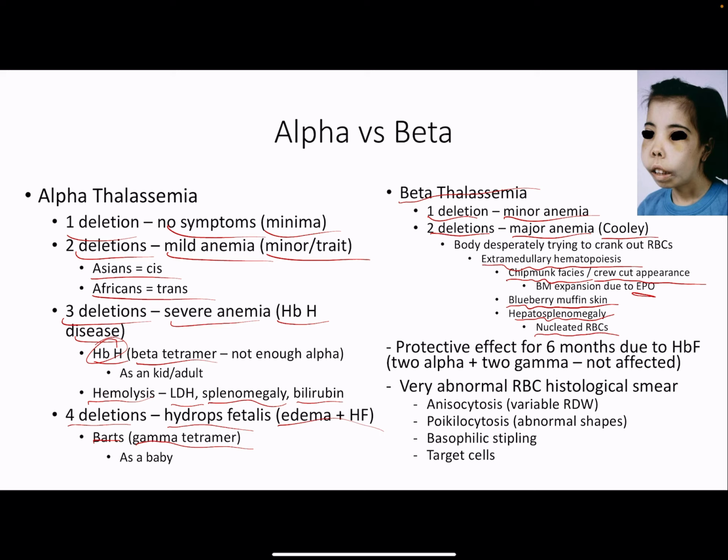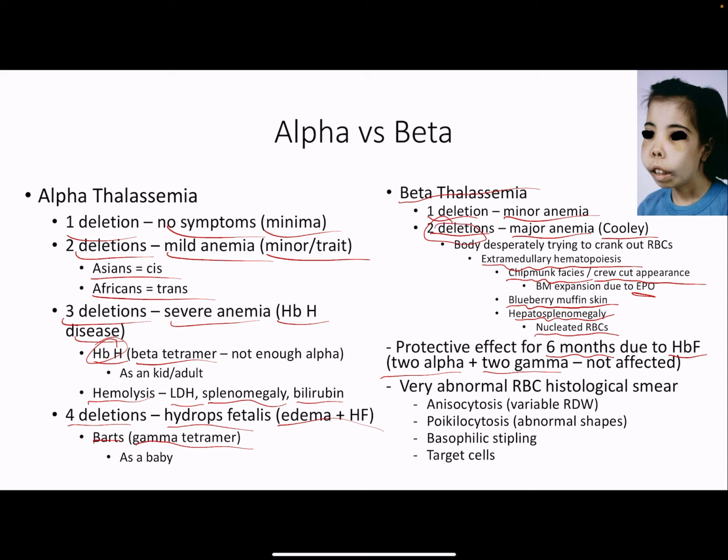Often, whether it's a minor anemia or a major anemia for betas, you won't see it for 6 months, because you do have hemoglobin F, the fetal hemoglobin, for 6 months of your life from mom until the production stops and these hemoglobin proteins start to decay. And this isn't affected by beta because the hemoglobin F is 2 alpha genes and 2 gamma genes. Again, we're still just specifically in the major.